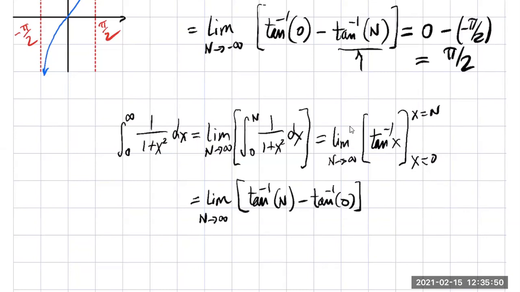Okay, now the second term, the inverse tangent of 0. So the angle whose tangent is 0 is 0. Okay, so this one right here, we got that one. Let's put it here. But the first one, what about this?